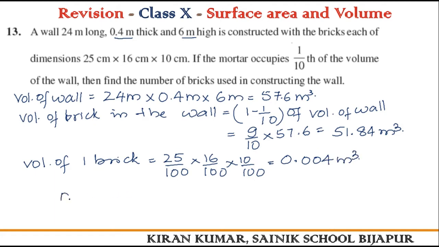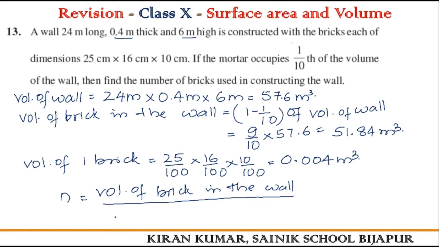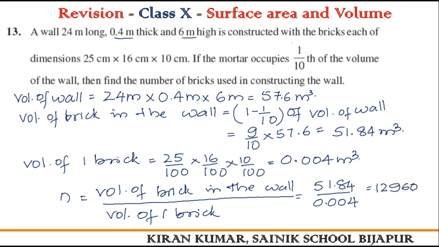So the number of bricks will be equal to the volume of brick in wall divided by the volume of one brick. This will be 51.84 upon 0.004, which is equal to 12,960. So 12,960 bricks are required for construction of the wall.